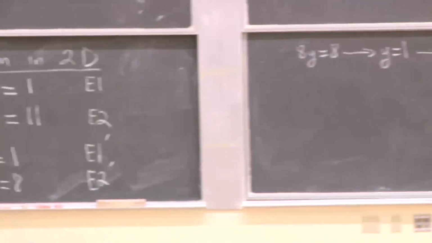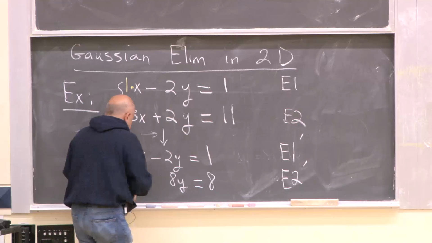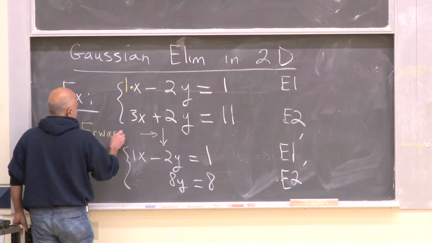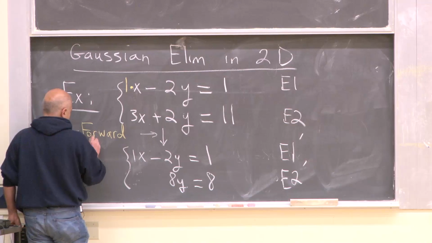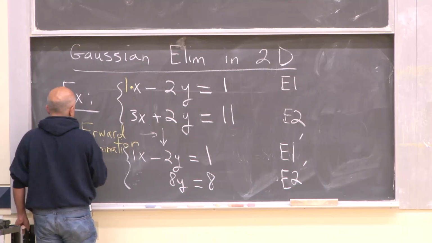So this is essentially the bulk of the procedure for Gaussian elimination. It involves a step called forward elimination that I haven't described yet. This is step 1.